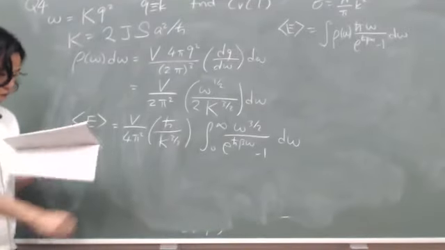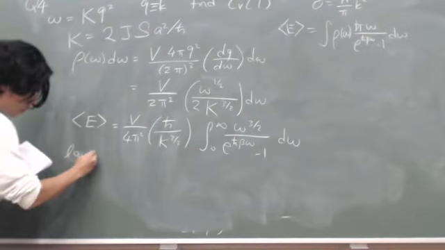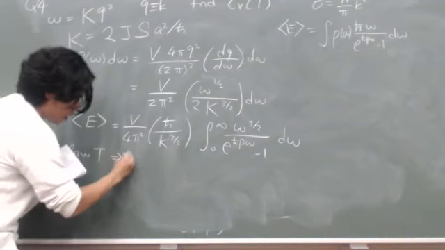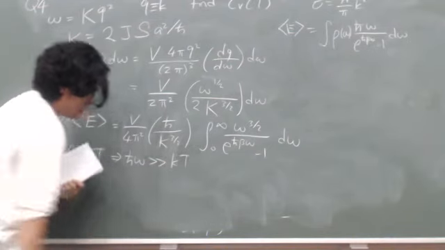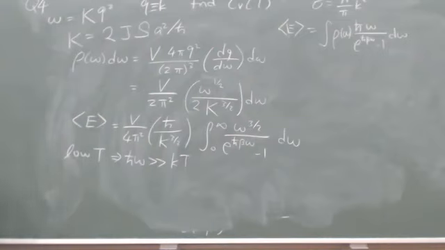In this case, the question specifically asks for the low temperature limit. So at low T, this tells me that h bar omega is going to be larger than kT. So my energy is larger than the thermal energy, which makes sense at low temperature.